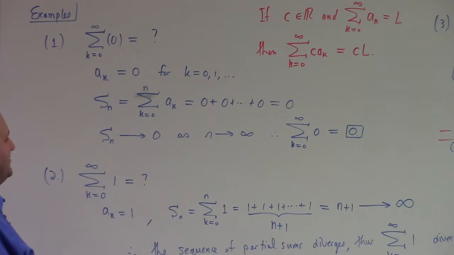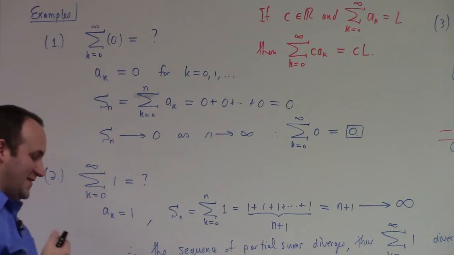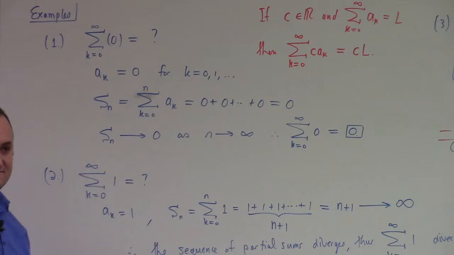Well, we will soon see that you can add together infinitely many things which are going to 0 and yet not get something that's finite. But one day at a time. That's tomorrow. Okay, so a sub k is 0. So what does that make the nth partial sum?